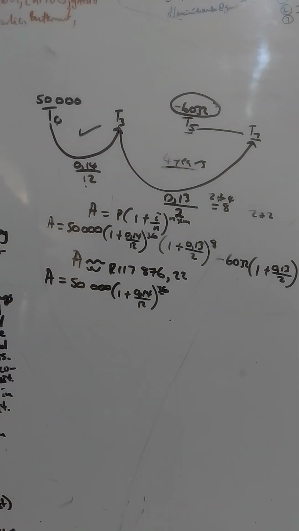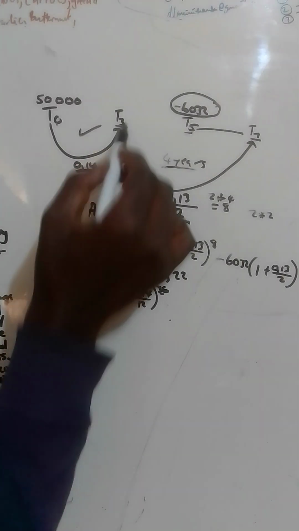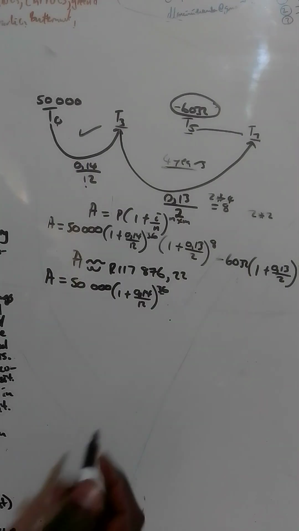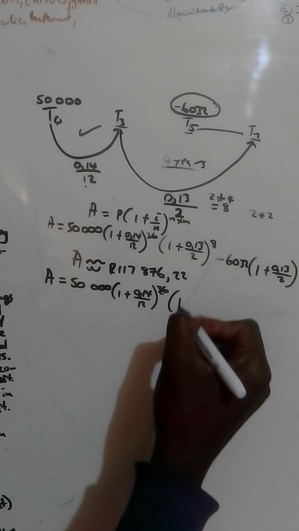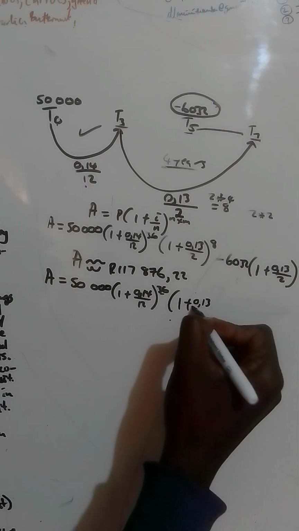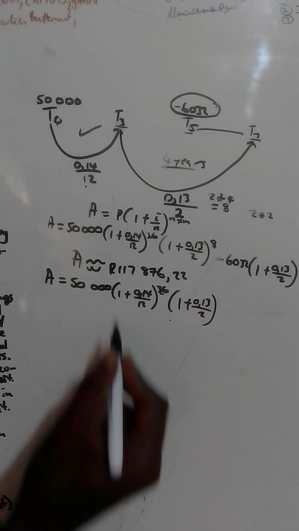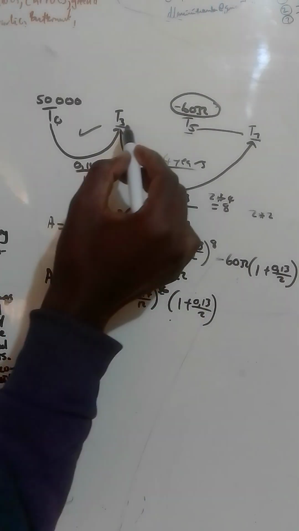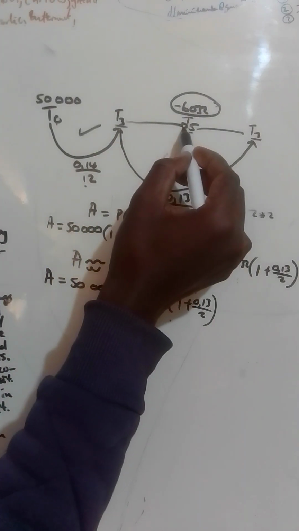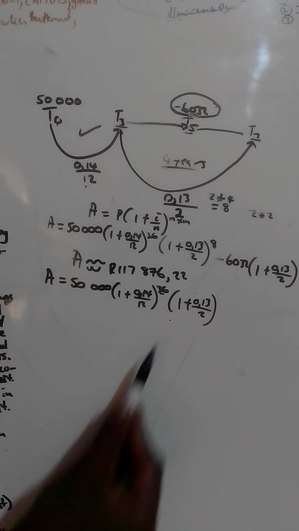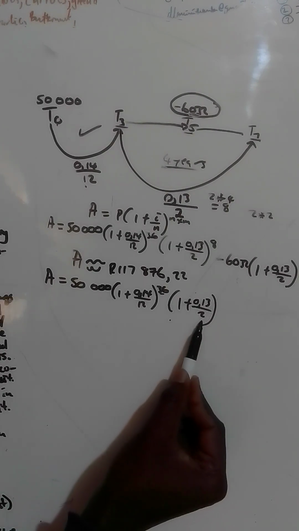Now, what are we going to calculate? Remember at year number 3, the interest rate changes to 0.13, right? So we are now going to calculate 1 plus 0.13 over 2. We are going to calculate how much Mr. Mungai earned in interest for the next 2 years before he made a withdrawal of 6,032 rands. So it becomes 1 plus 0.13 over 2.